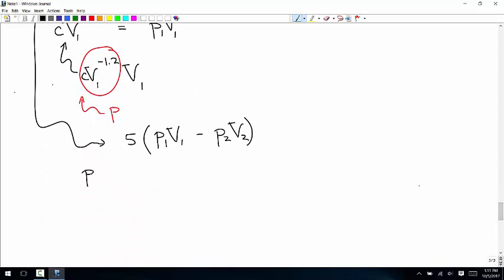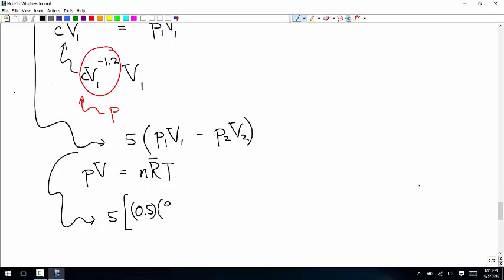Okay, so now we know that PV equals n R-bar T. And so this gives us 5 times the number of moles, which was 0.5, the universal gas constant, 8.314, and the temperature at state 1, which was 120 Celsius.